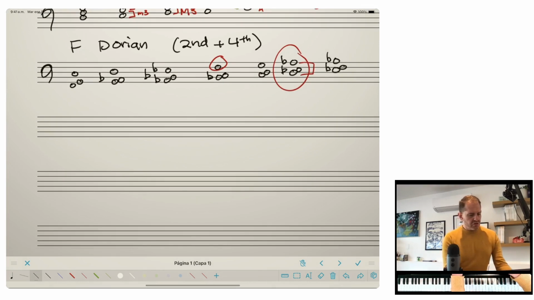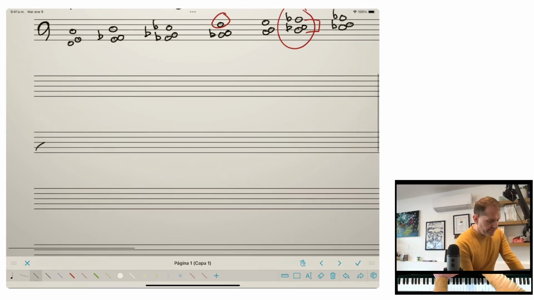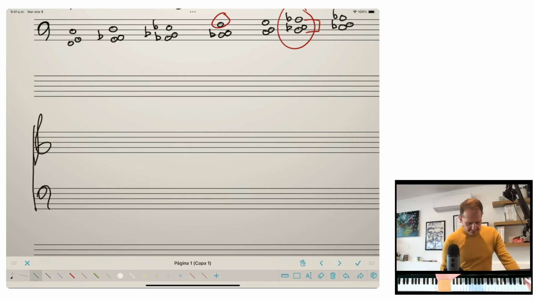Cool. Let's do a two-handed example. As I form these, you might say, are you just selecting intervals randomly?